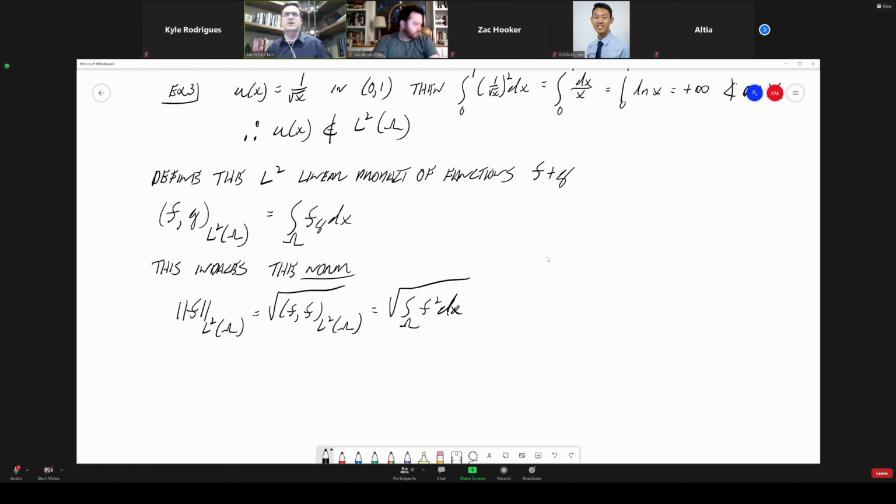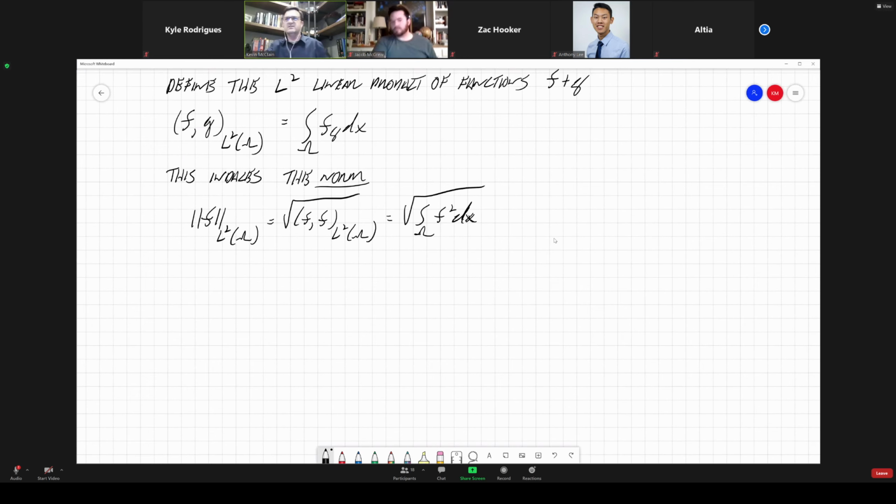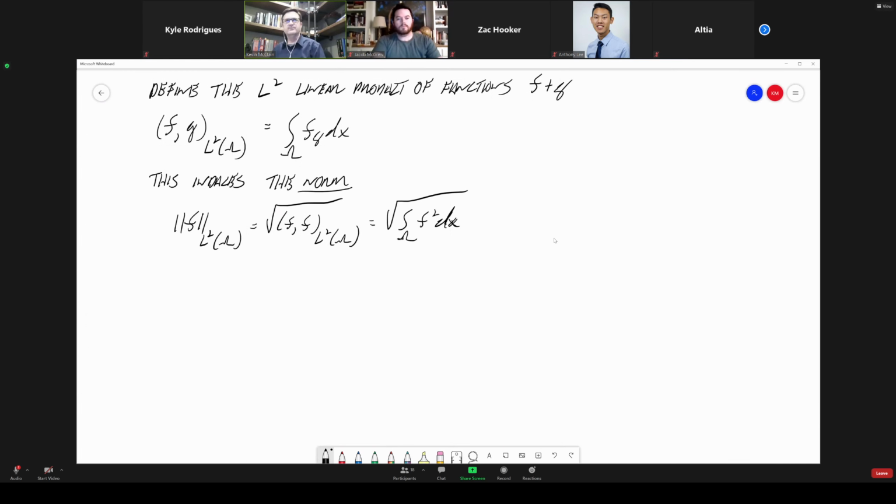Okay. And this Hilbert space thing is the next step in this. Hilbert spaces. So this is the next level of checks that you have to do, and this is H^k in our domain.